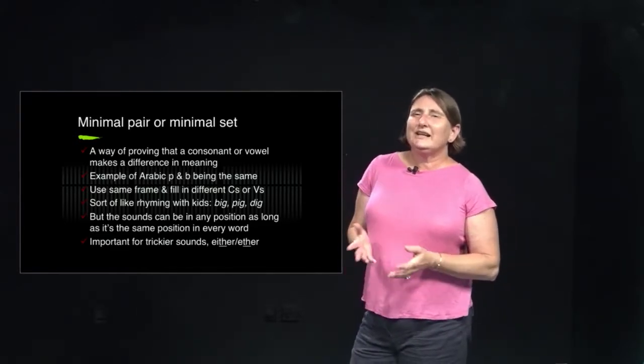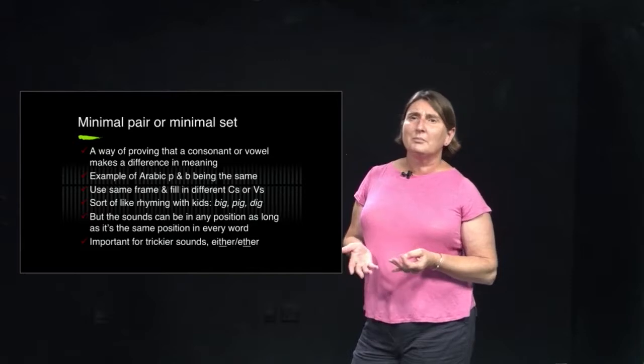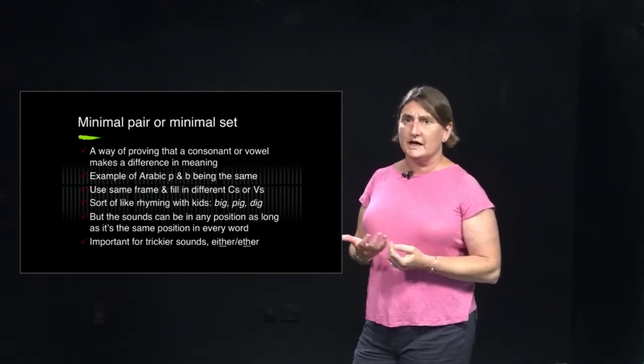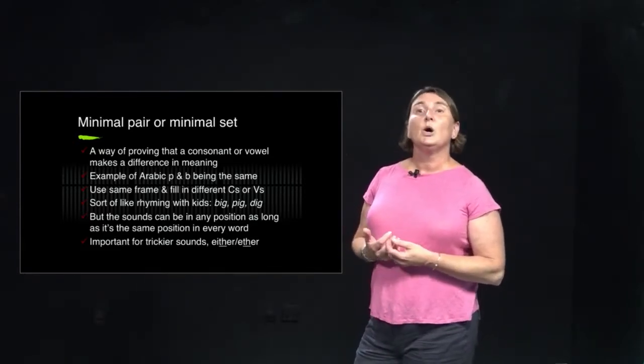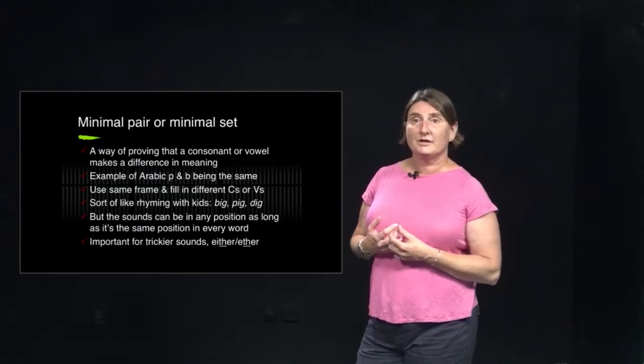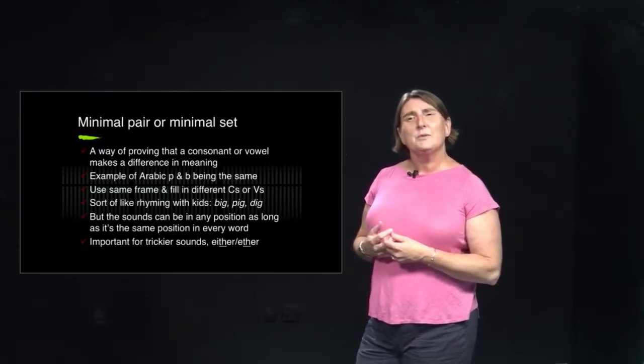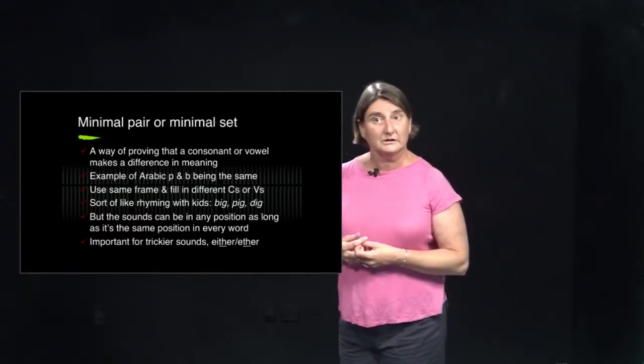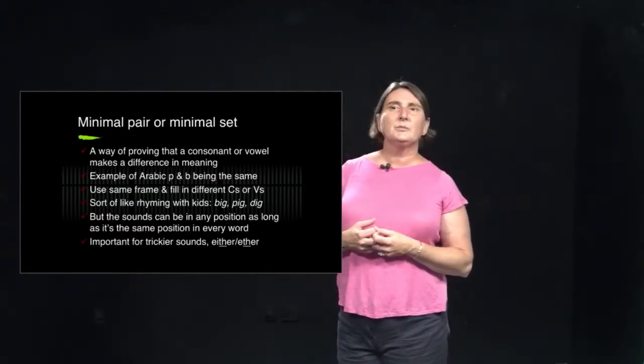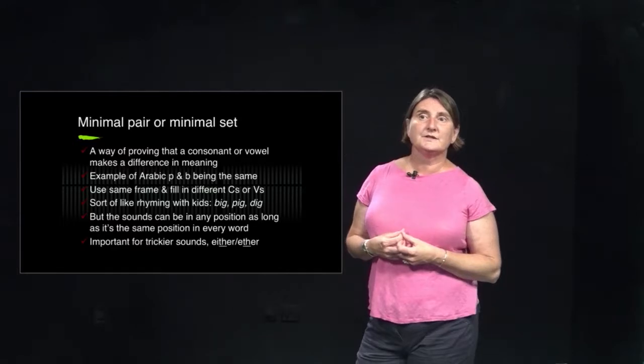So in English, it doesn't come up that often, like, well, are these sounds really giving you a difference in meaning? But if you think about the th sounds, th and th, that's a case where a lot of people have quite a hard time hearing the difference. Some people don't even produce much of a difference.